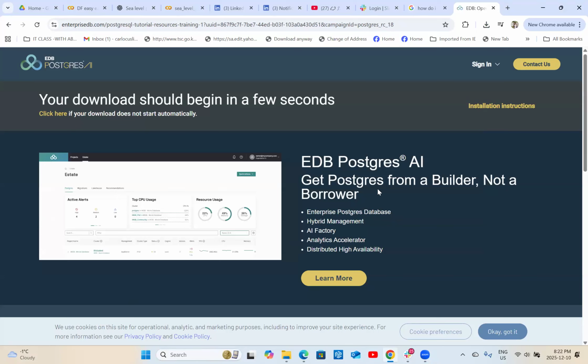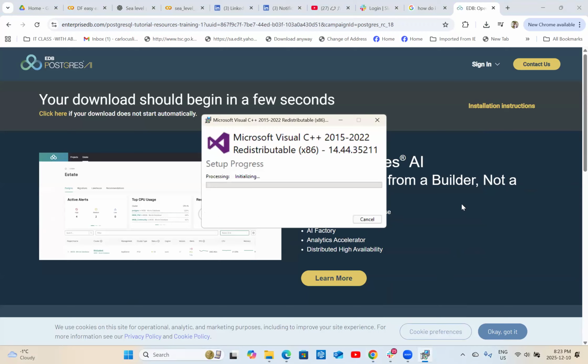Wait for it. It's installing. Maybe if you have slower machines or your internet connection is weak, this may take anywhere between 10 to 15 minutes.